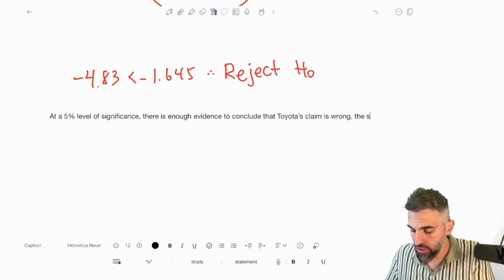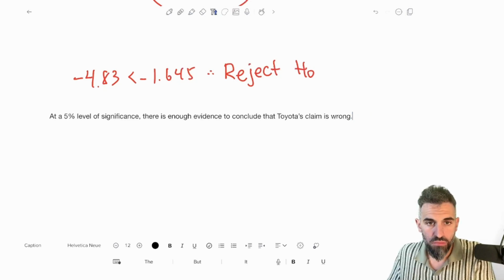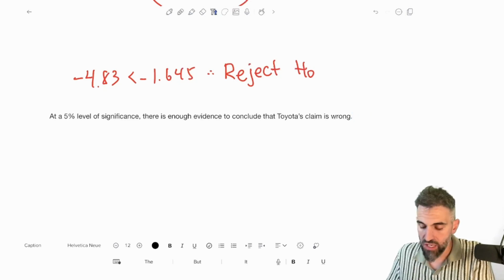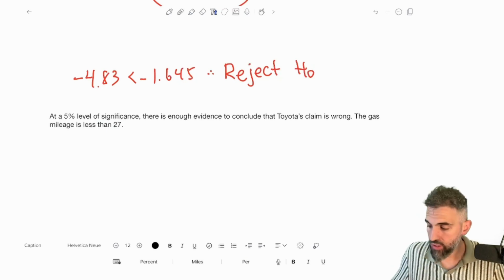Or you could say that the gas mileage is less than 27. So let me break this down.